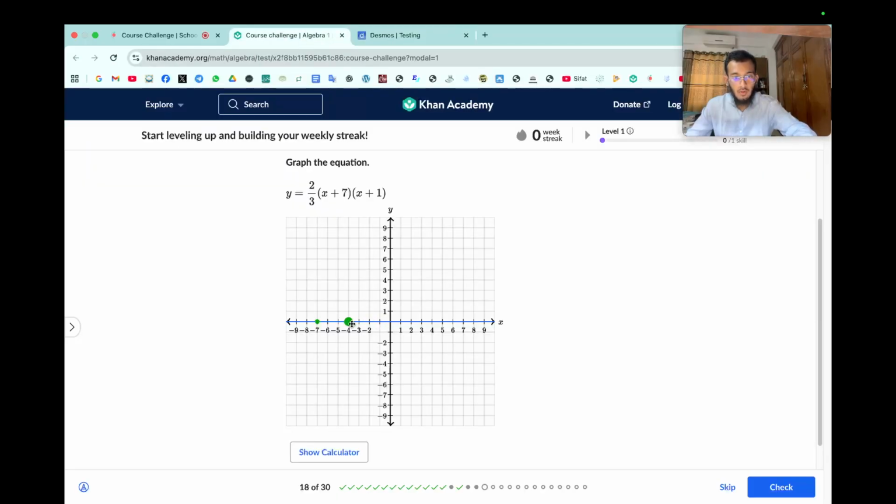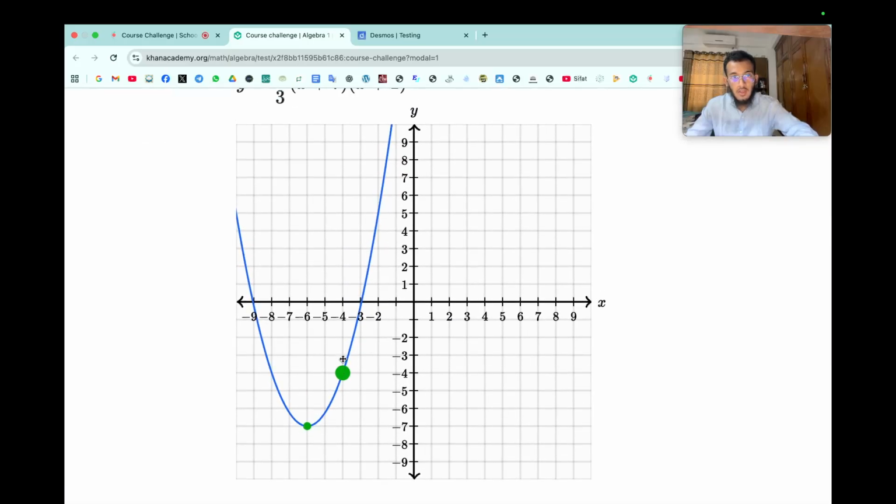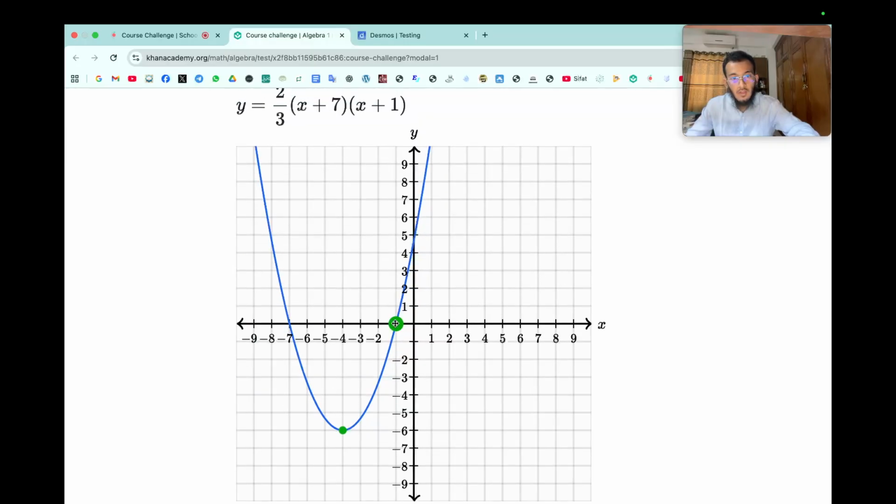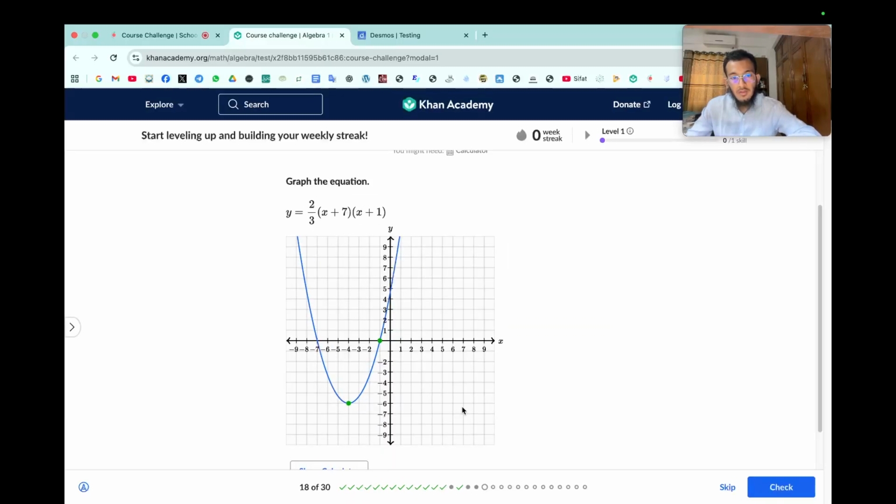So -4, -6, and another is -1, -7. Okay, so this is -1, -7, and -4, -6.